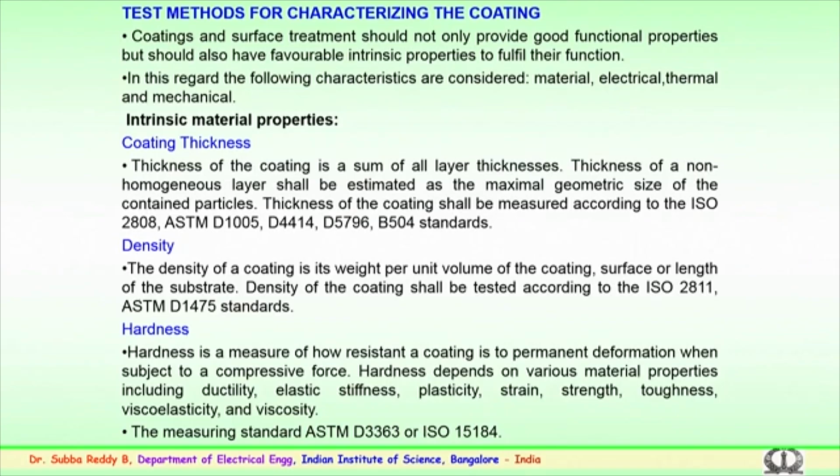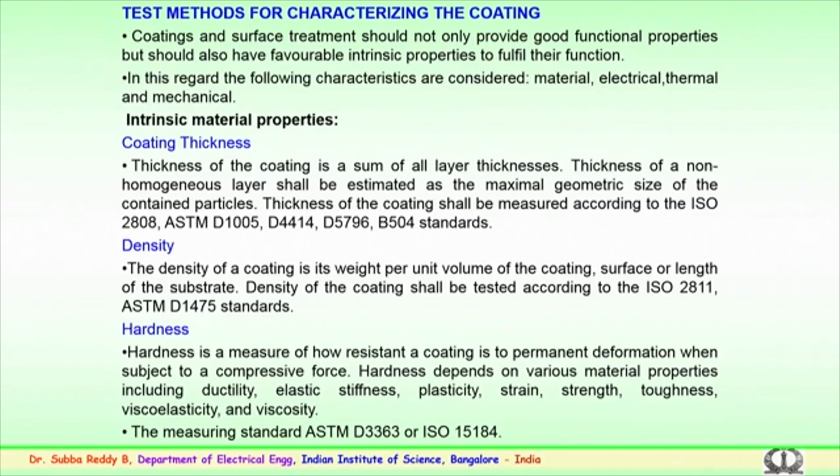Thickness of the coating shall be measured according to ISO standard 2808, and there are ASTM standards prescribed, D1005 and D4414, and other standards which give the information about the thickness of the material to be coated on the surface.